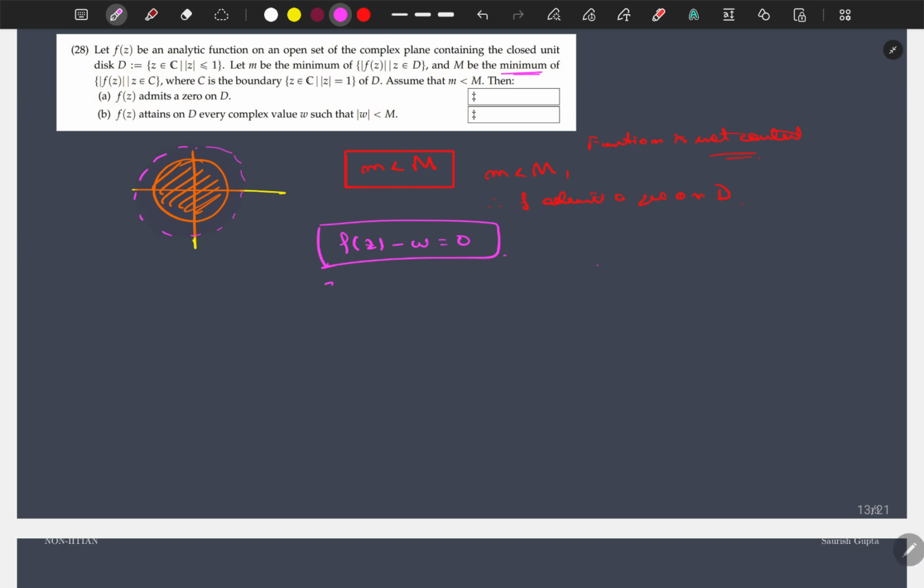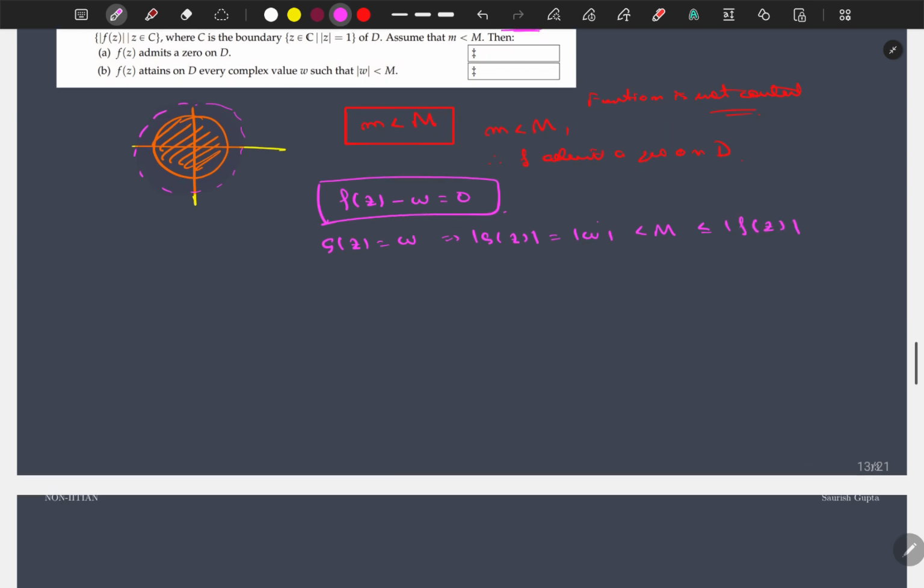So if I choose g of z to be some omega, then that implies modulus of g of z is equal to modulus of omega, which is less than m, and m is the minimum of modulus of z. So this is the reason why I noticed that I read it out wrong. This must be less than or equal to mod of z, right?